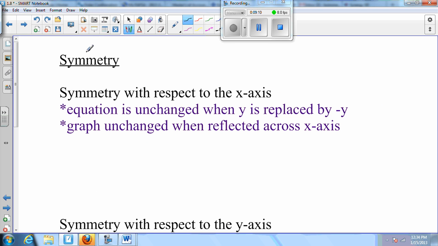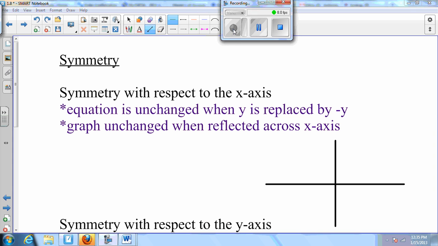Let's talk about some symmetry. Symmetry with respect to the x-axis. Under symmetry with respect to the x-axis, that means the graph is unchanged when reflected over the x-axis. So here's our x-axis.